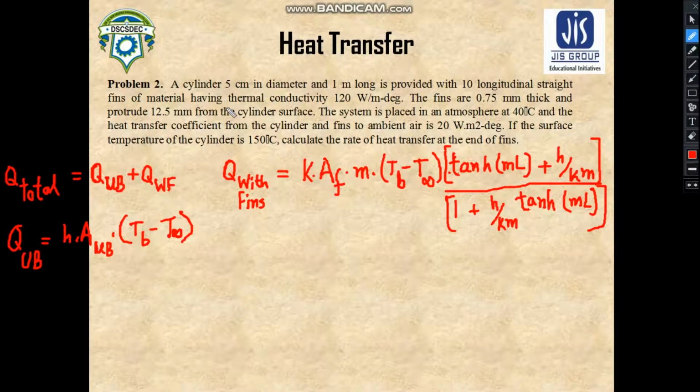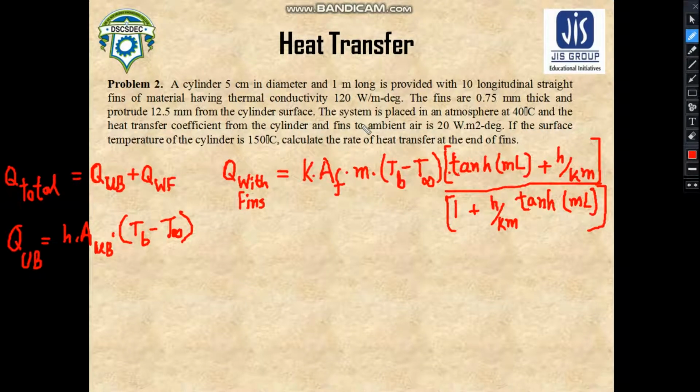So let us read the problem here. A cylinder 5 centimeter in diameter and 1 meter long is provided with 10 longitudinal straight fins of material having thermal conductivity 120 watt per meter degree. The fins are 0.7 millimeter thick and protrude 12.5 millimeter from the cylinder surface.